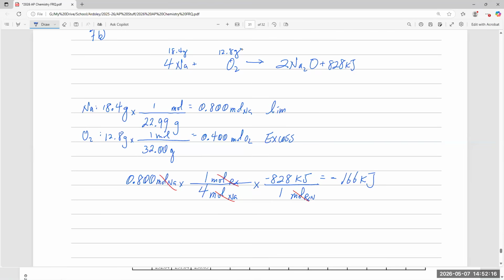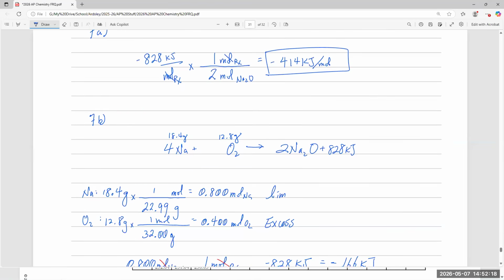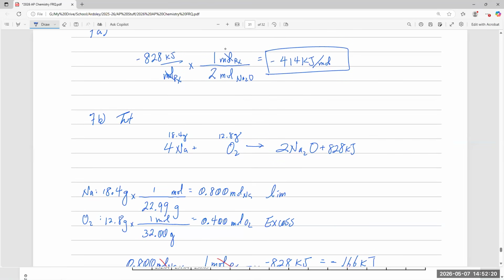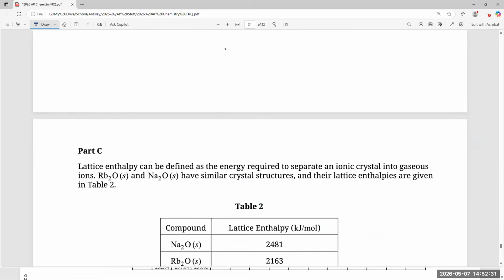All right, so calculate total amount of heat. So total heat is 166 kilojoules. There you go. 7B's done.